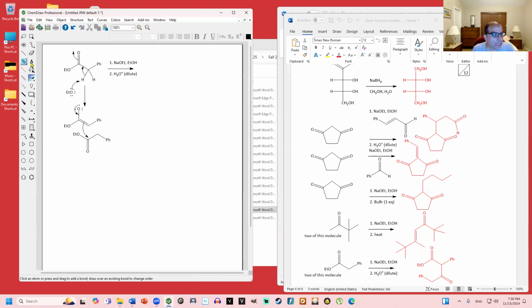So the electrons in that pi bond remain attached to this carbon, and you'll form a new bond between that carbon and the carbonyl carbon.